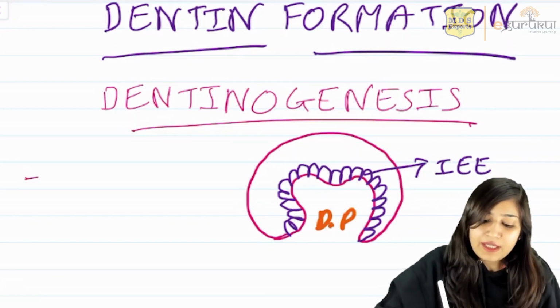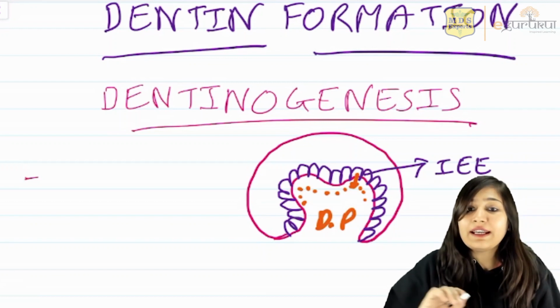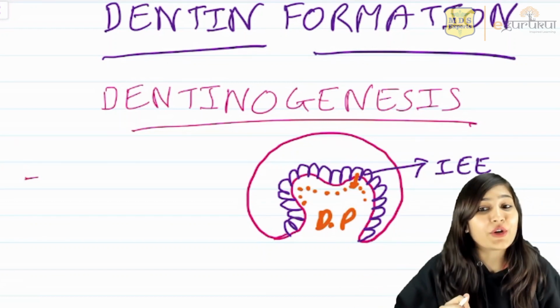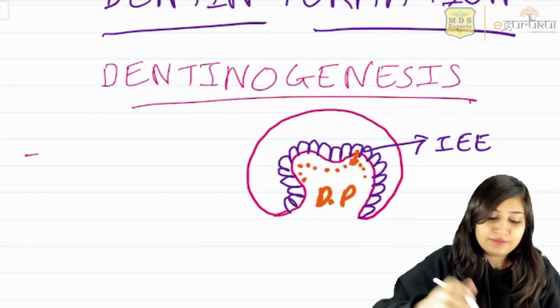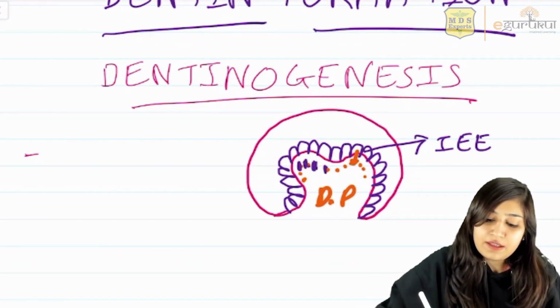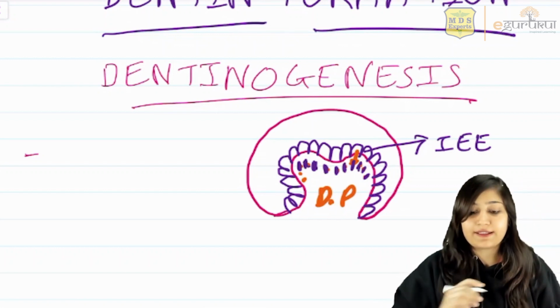Dental papilla. Now the peripheral cells of dental papilla, under the influence of inner enamel epithelium, differentiate into what? Odontoblast cells. So here we can see formation of odontoblast cells. These peripheral undifferentiated mesenchymal cells differentiate into odontoblast cells.